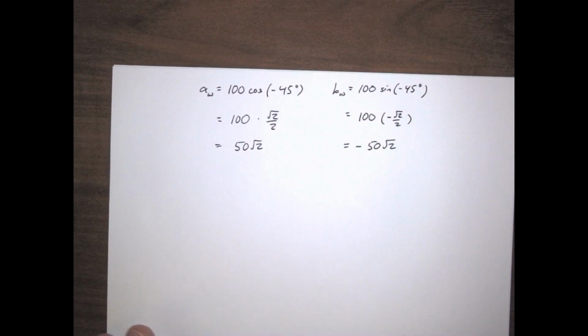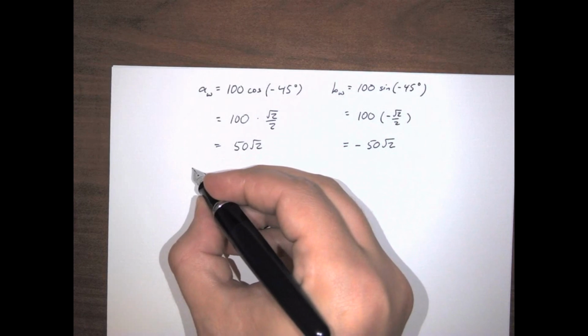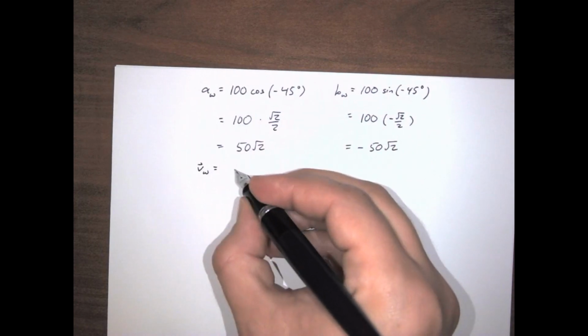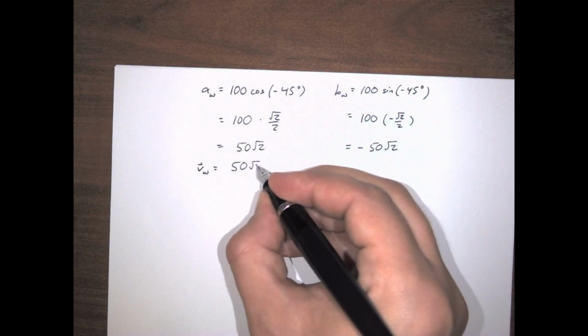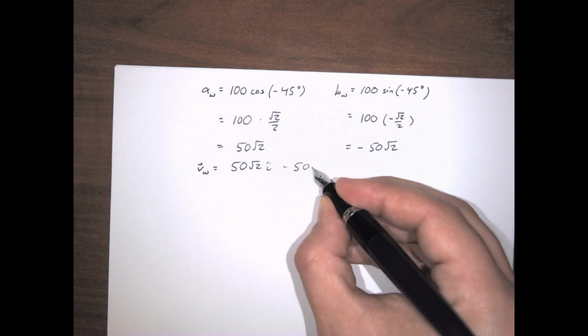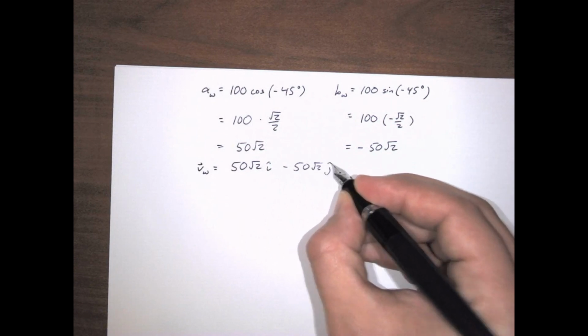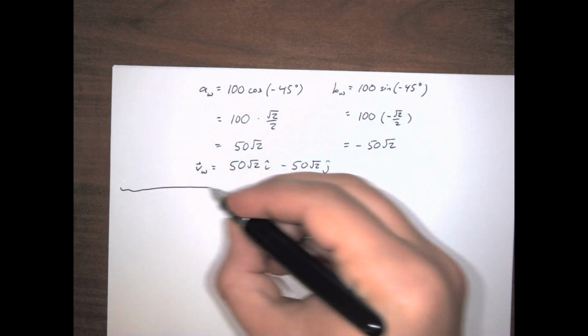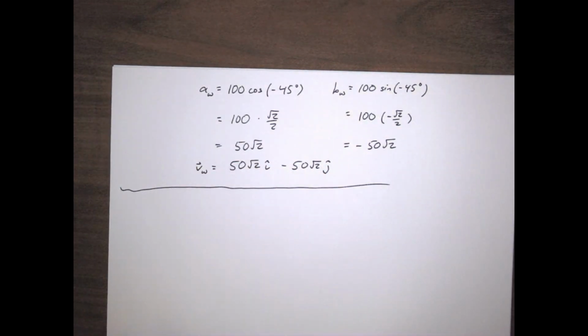All right, so then that means that the velocity of the wind is going to be 50 root 2i minus 50 root 2j. Okay, so we've got the two pieces. One was easy, one we had to work for.